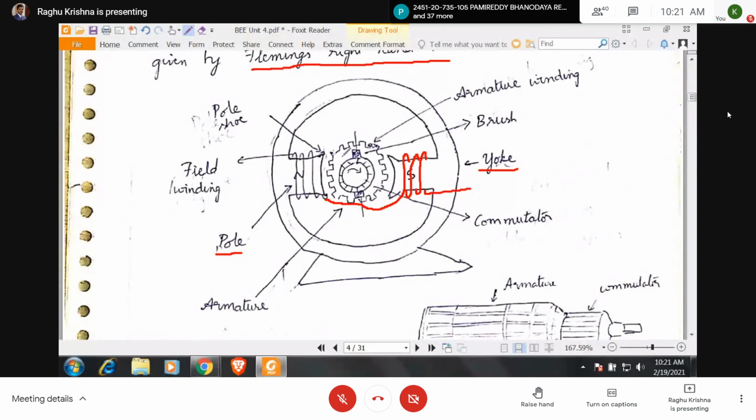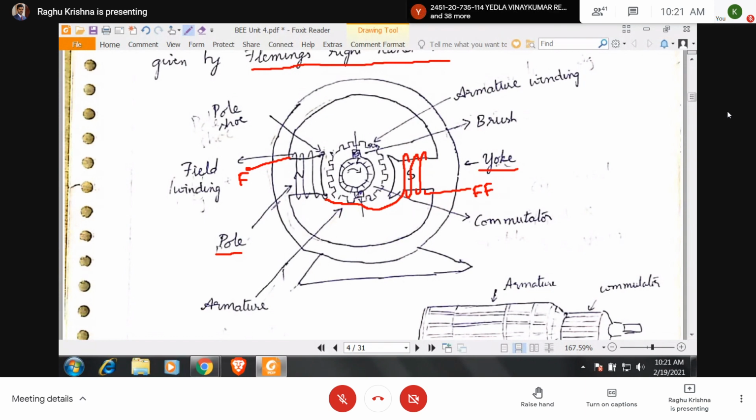To these windings, we are going to apply DC supply. For these two terminals, I am going to write F and FF. F and FF are the terminals of the field winding.